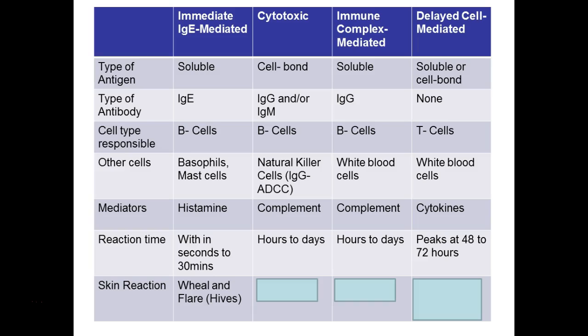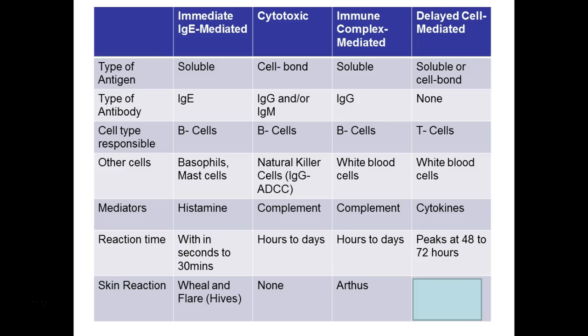With cytotoxic, remember, we're mainly talking about red blood cells. So you're going to see this in the skin? No. Immune complex mediated. So these are antigen antibodies. Is there potential to see this in the skin? Maybe. Depends if the complexes are happening in the skin. If they do, it's referred to as an Arthus reaction.